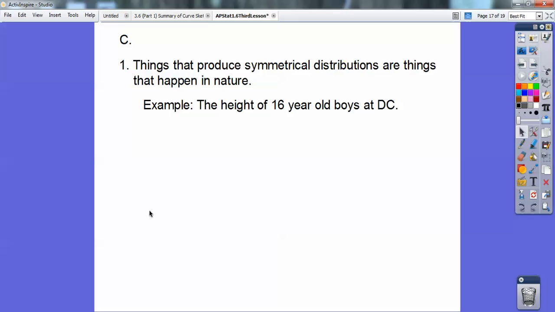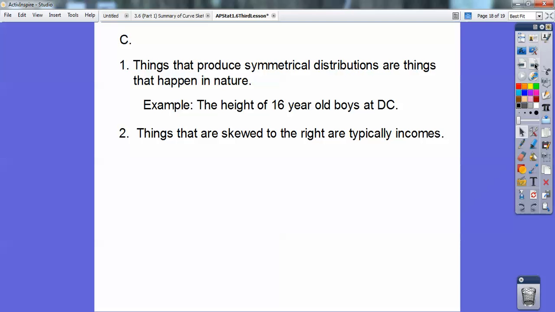So it would create a nice bell-shaped curve, because there's fewer kids over here, and then more that are getting taller and taller, and whatever the average is, that would be most of what 16-year-old boys are. So typically, anything that happens in nature gives me a nice symmetrical distribution.